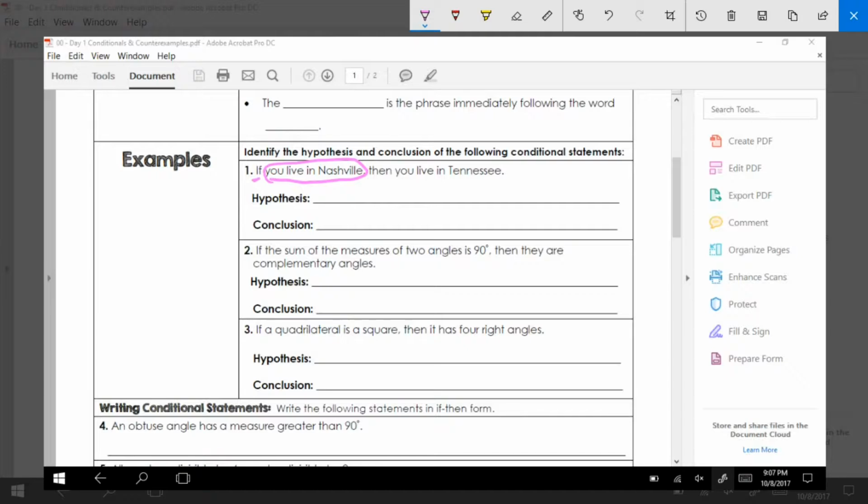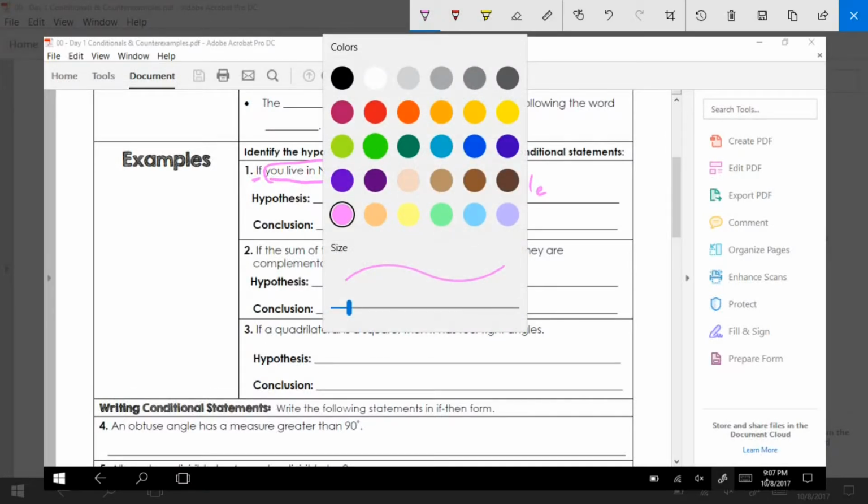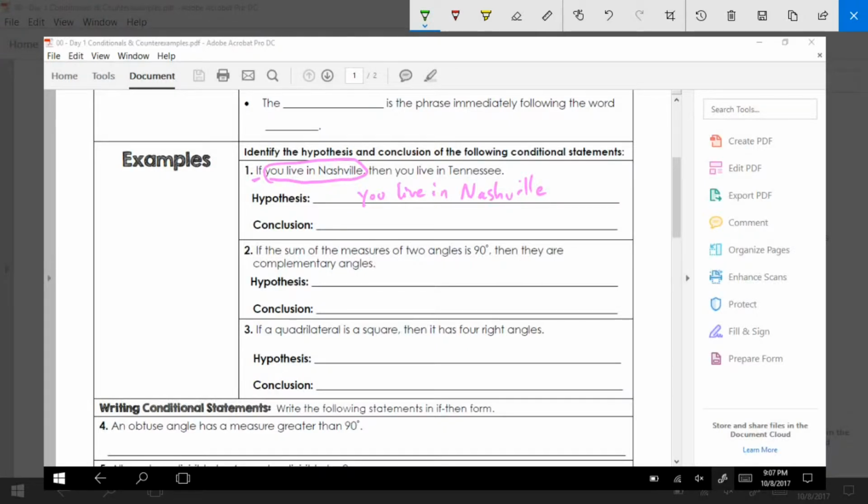So we're going to write that the hypothesis is you live in Nashville. And then the conclusion is the phrase that immediately follows then. So we've got you live in Tennessee. So there we go. That's it.